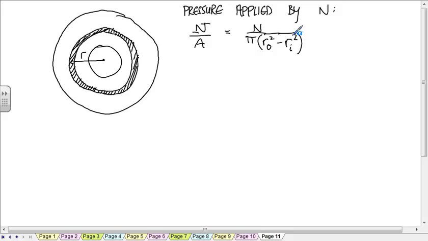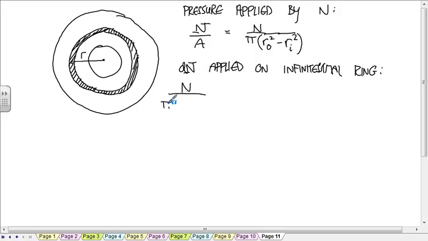And now for an infinitesimal area, the increment of normal force applied on the infinitesimal area, on that infinitesimal ring, is the pressure times the area of that ring.